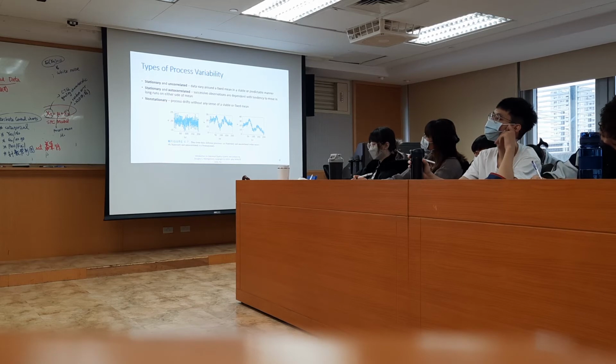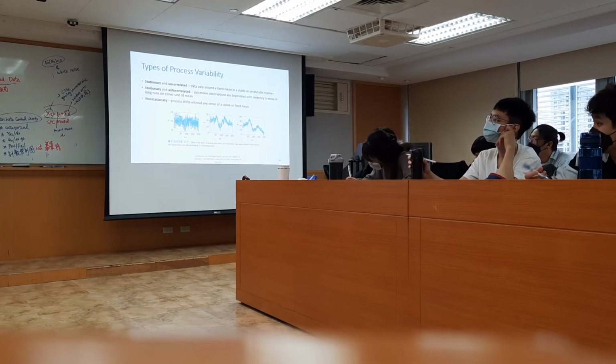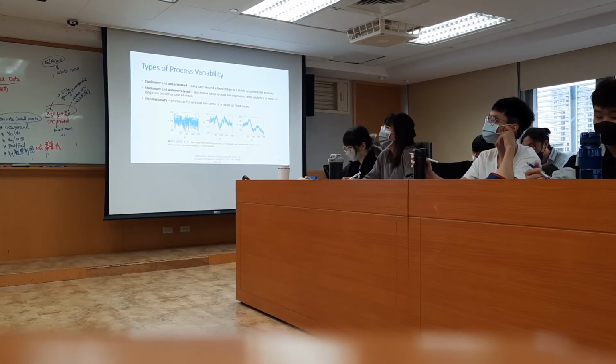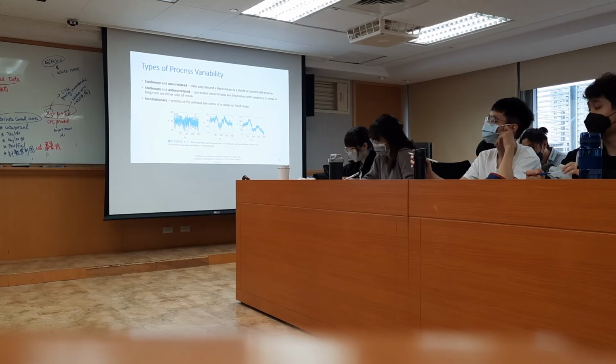As long as it moves up as a trend, then the subsequent observation will be up again. They are dependent, with a tendency to move in the long run on either side. So it either goes climbing or it goes declining.